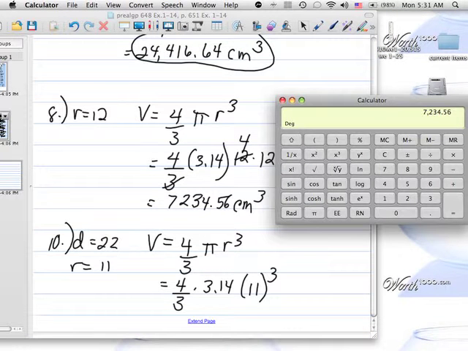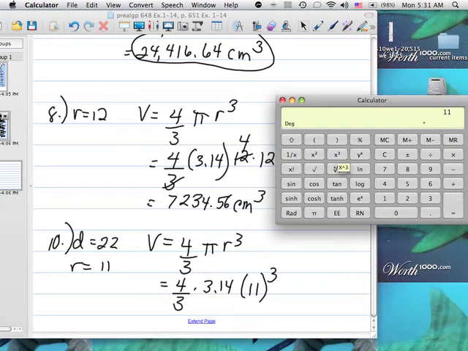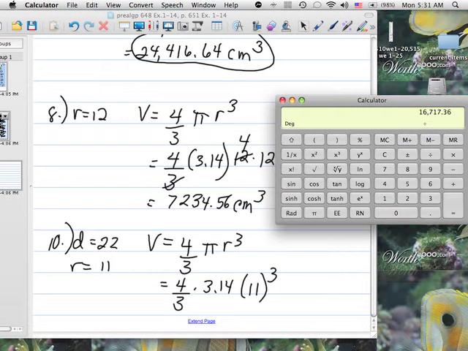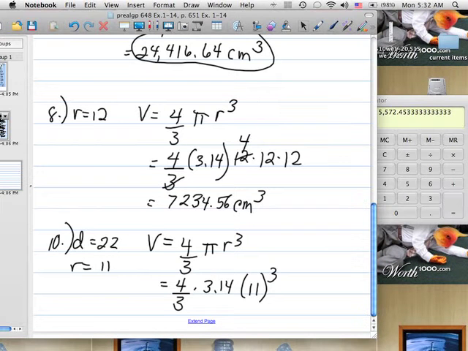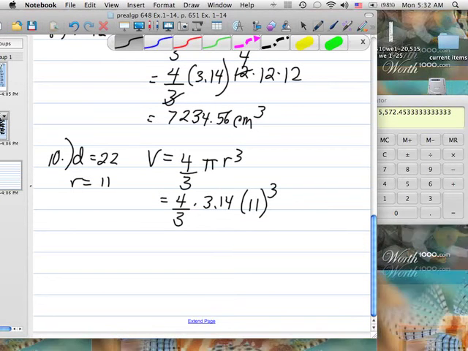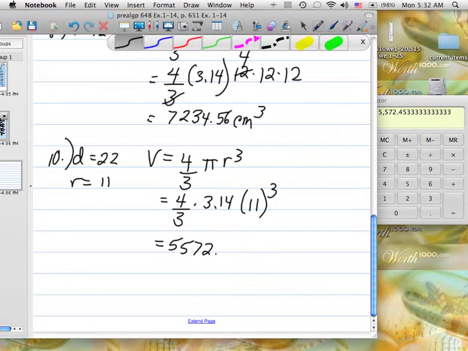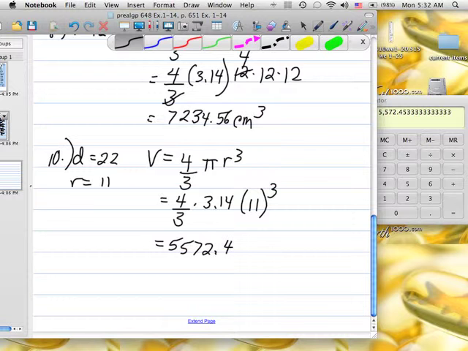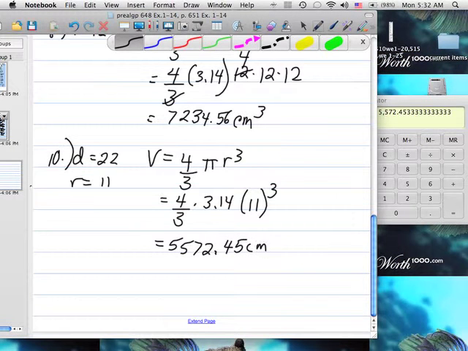Since 3 doesn't go into any of those numbers, I'm going to take 4 times 3.14 times 11 cubed, and you should have a cube key, so you can use it. Hit the equal sign, and then divide. We got to take a third, divide by 3. And we get our answer, which is 5,572 point, and they rounded to the nearest hundredths when it didn't terminate, so 45 centimeters cubed.